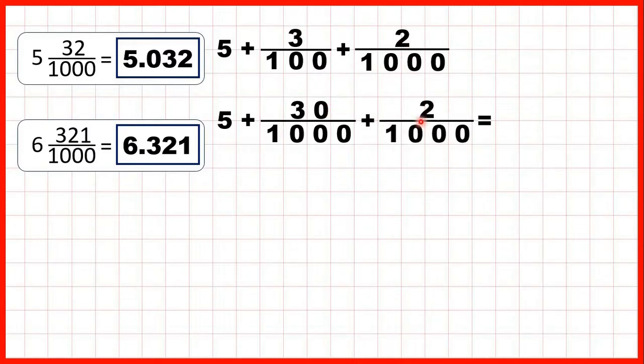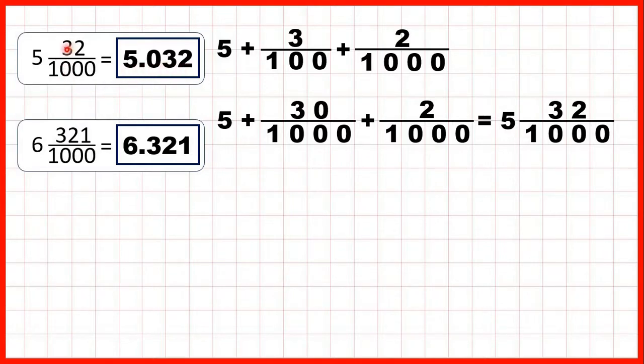So we can add the 2 thousandths to that, so our whole number stays the same. We have a common denominator of 1,000, so that stays the same in our mixed number, and 30 plus 2 is 32. So that's why 5 and 32 thousandths is equal to 5.032.